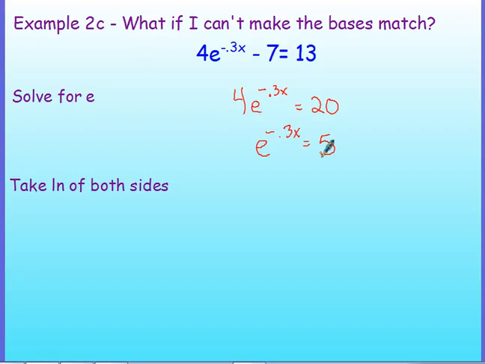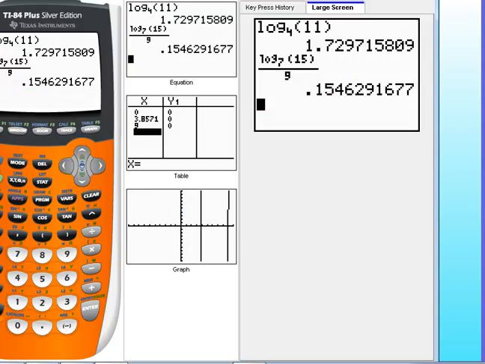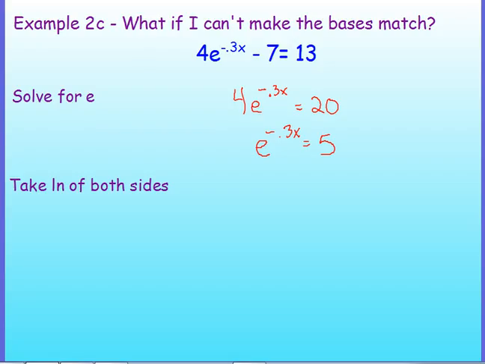What is it called? Remember your ln, which is called the natural log, is always base e.